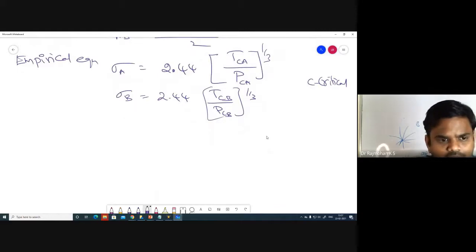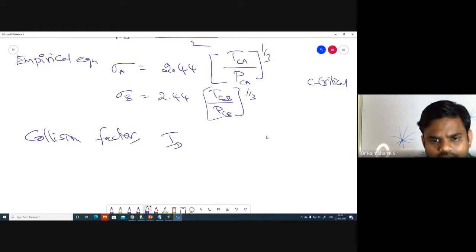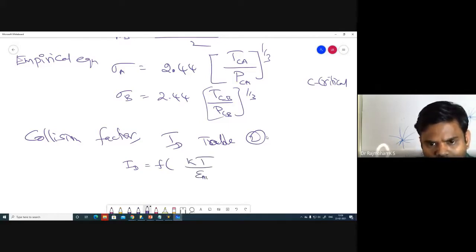We have a table for that collision factor. I'll tell you that. This collision factor ID is given from table 2, which I will give now. This ID is a function of KT by epsilon AB, where K is the Boltzmann constant.